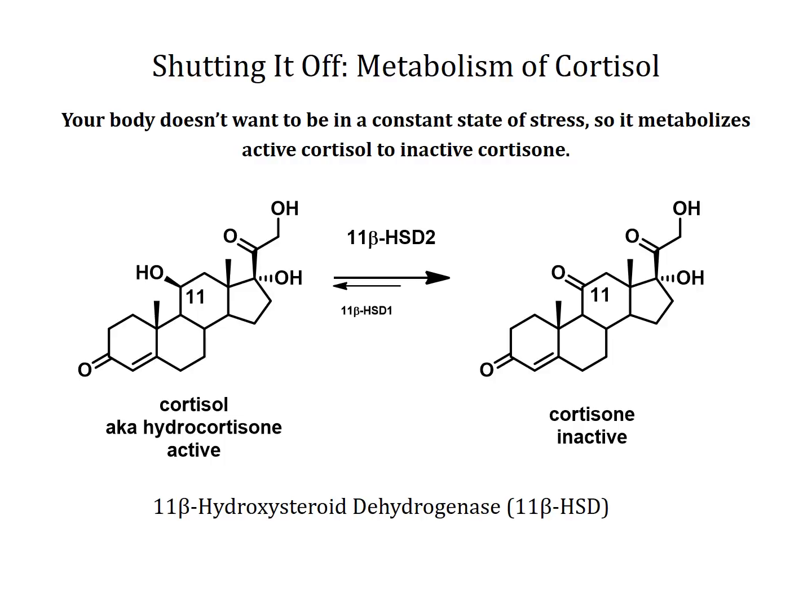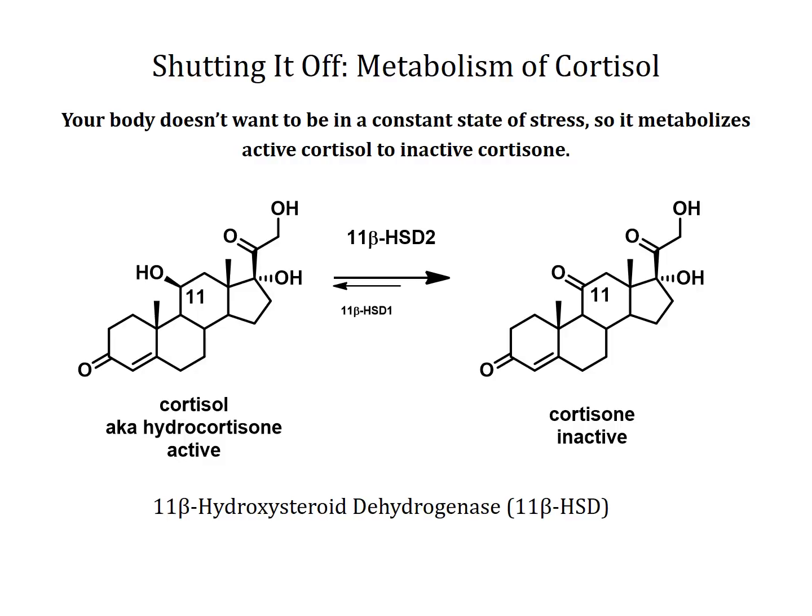Shutting it off. So we have negative feedback, right? That's one way to shut it off. We also have an enzyme in the body that can turn cortisol, an active hormone, into cortisone, an inactive hormone. And we can go back and forth. So cortisol can go to cortisone and cortisone can go back to cortisol. Only cortisol is active, all right?